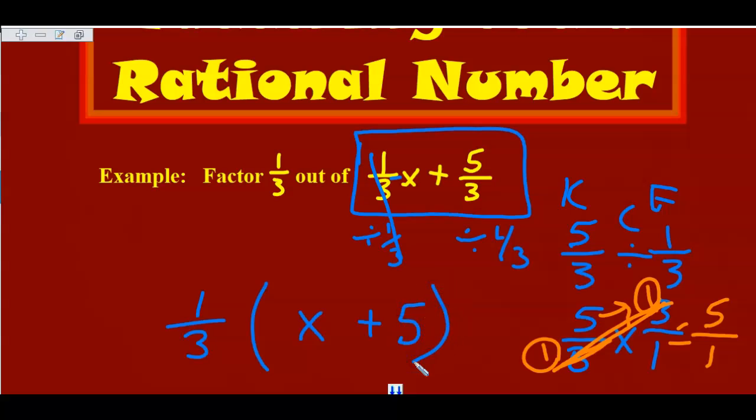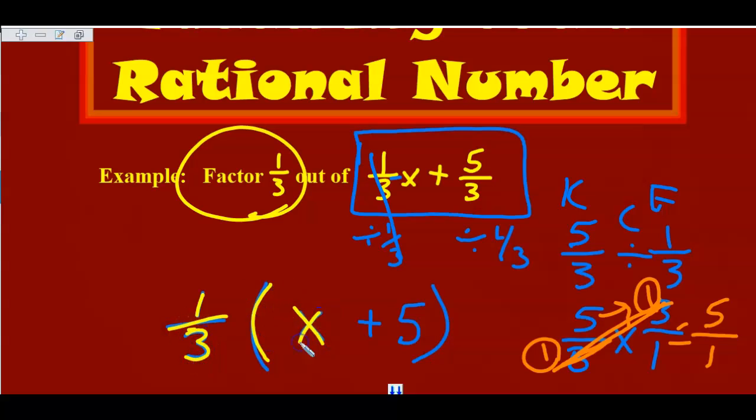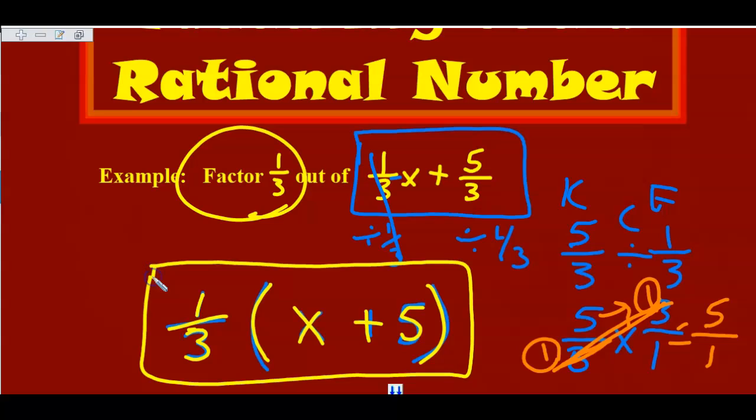So what is left after we take out or factor 1/3? After we have factored 1/3, we get x plus 5. So this is considered our factor of 1/3 x plus 5/3.